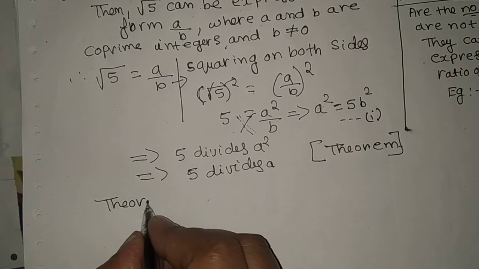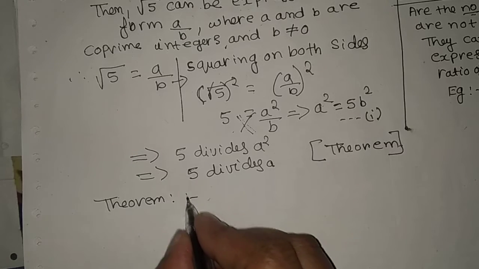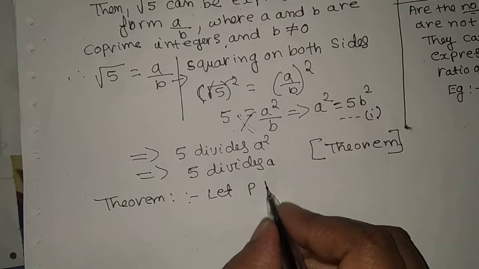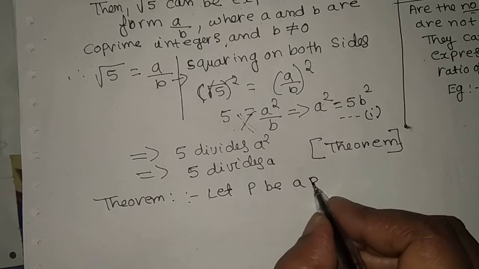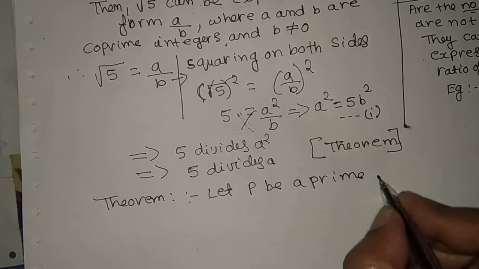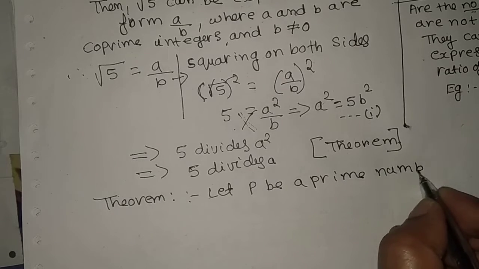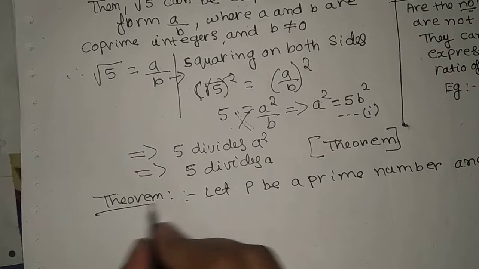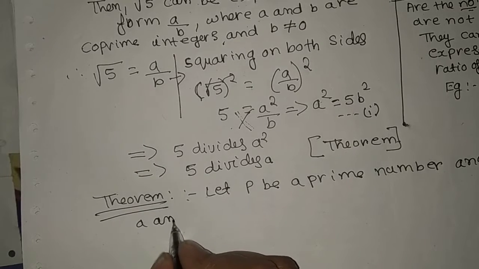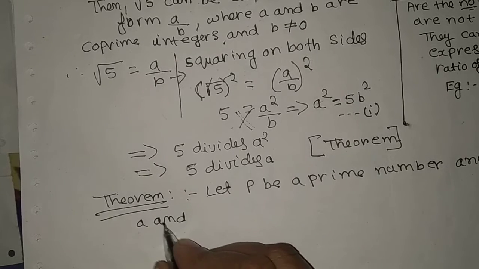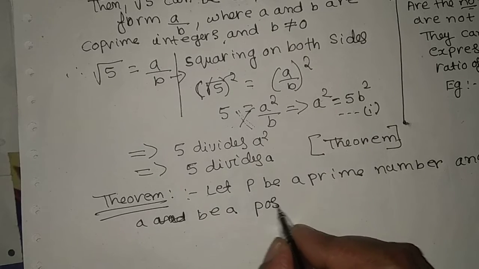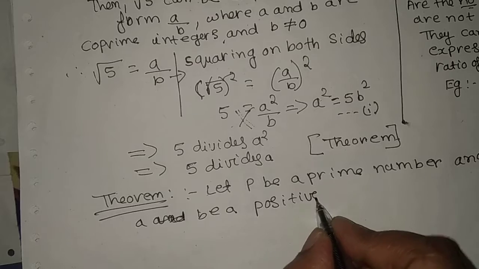Let p be a prime number and a be a positive integer.